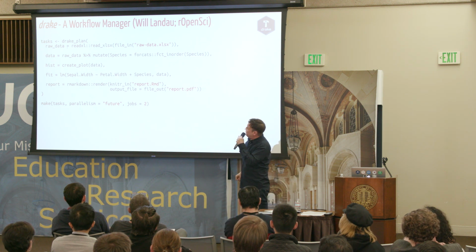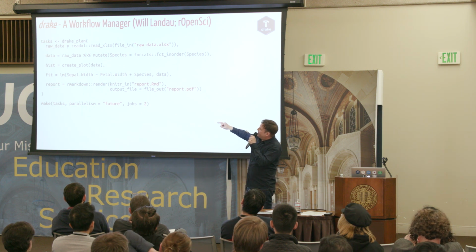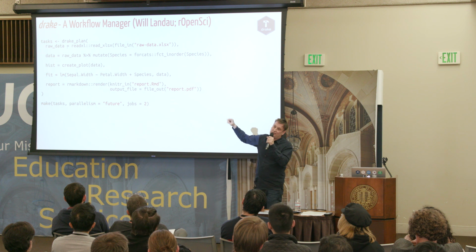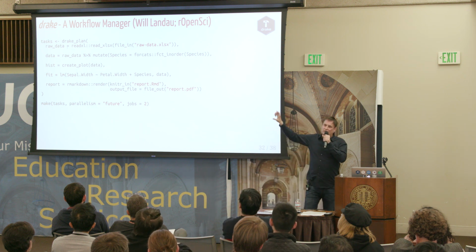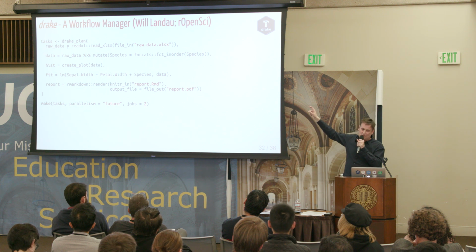And if you follow the code, you will see that data depends on raw data, hist depends on data, and fit depends on data, but fit and hist don't depend on each other. So those two can be run in parallel if you want to, as long as data is available.